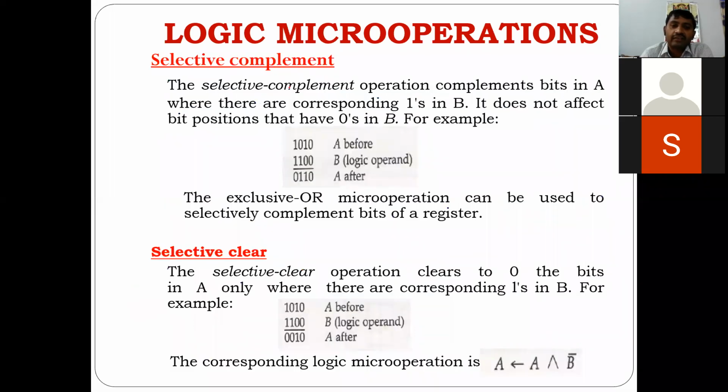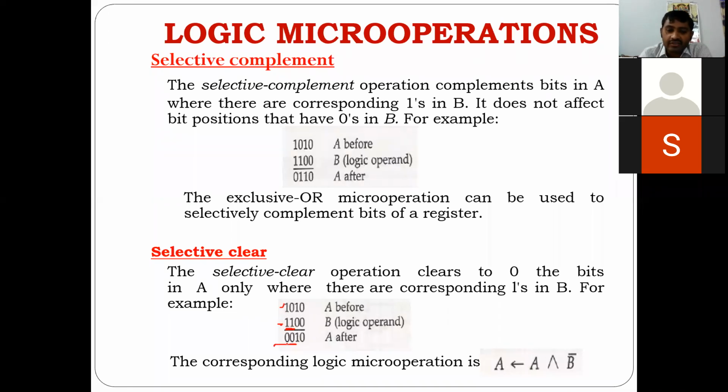Similar to that, we have selective complement and selective clear. Let's see one more example, selective clear. The selective clear operation clears to 0 the bits in A only where there are corresponding ones in B. Only where B has ones will the A contents be cleared. A contents are 1010 again, and B is 1100, the same thing we took. B has ones in these 2 places, and only the exact same locations in A will be cleared.